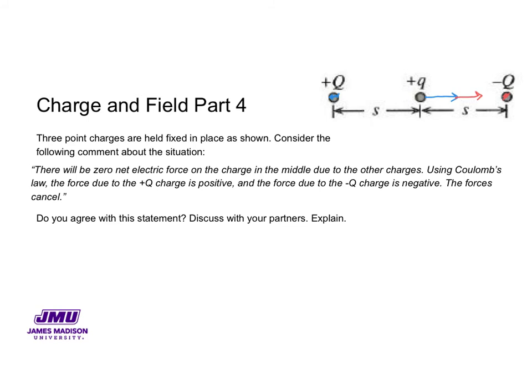And that doesn't seem to make sense from what we know about vectors, because the two of them are supposed to be pointed in the same direction. And that's the whole point of this slide: to emphasize that Coulomb's law force vectors being positive or negative does tell you something about the direction, but it doesn't tell you directly what the direction is in Cartesian coordinates. You're going to have to be smarter than the math.